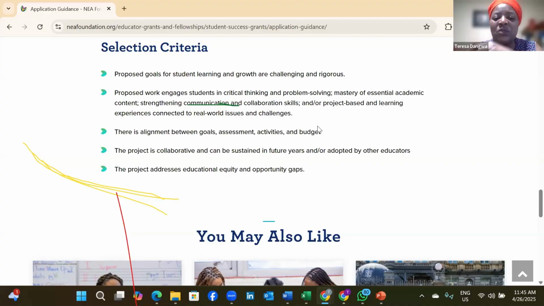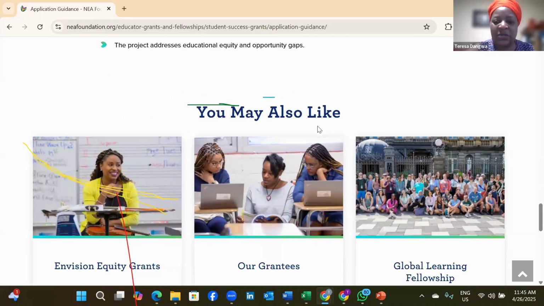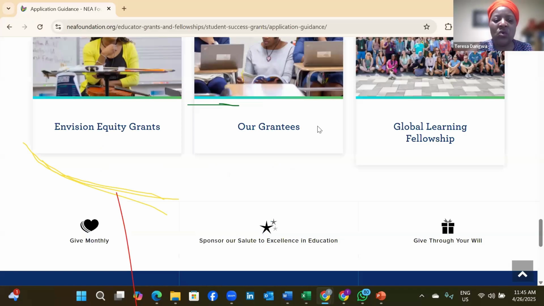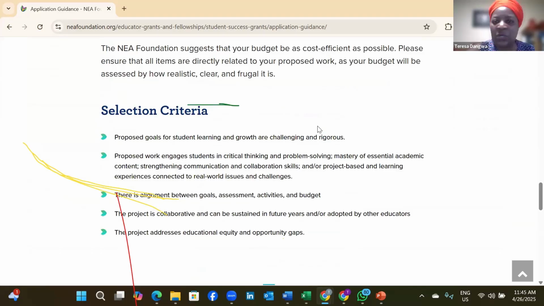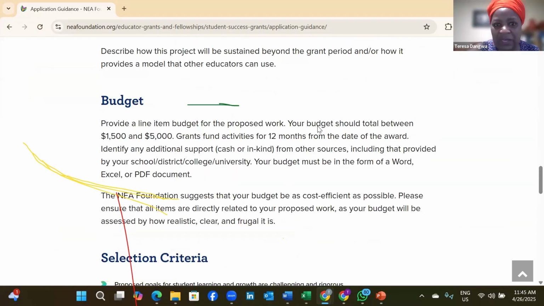There is alignment between goals, assessment, activities and budget. The project is collaborative and can be sustained in future years and adopted by other educators. The project addresses educational equity and opportunity gaps. So you already know what it is that this grant needs to do. If that's not what you're going to do, then you don't qualify.